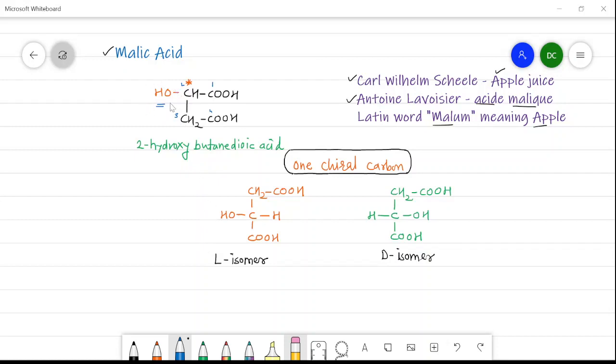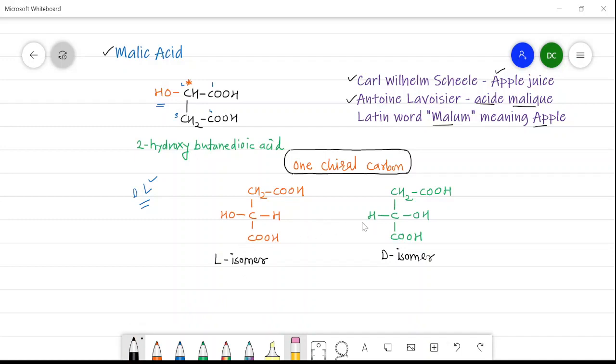As there is an OH group, in the assignment of the configuration we use the DL method. Here a capital D indicates the presence of the OH group on the right hand side, whereas a capital L indicates the presence of the OH group on the left hand side. So here the two isomers are written.